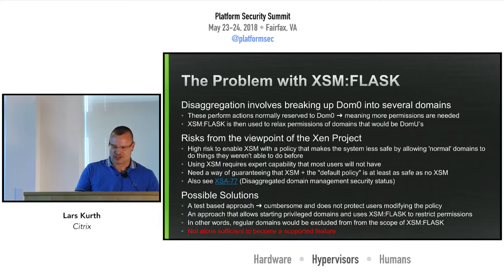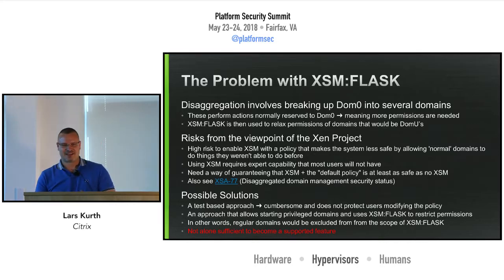So George Dunlap, who's one of our committers, took this on a year and a half ago as a pet project. And he then identified a number of issues, which, let me just try and walk you through this.